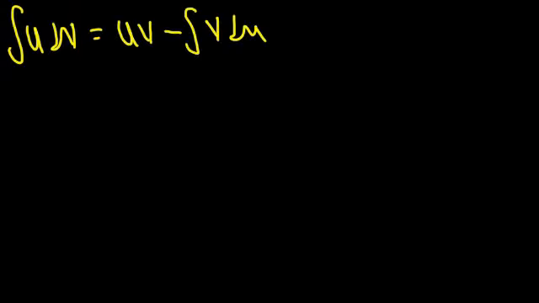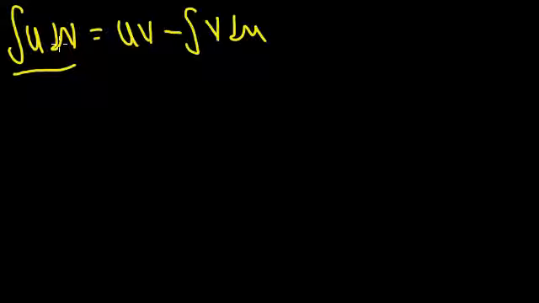It tells us that when you are to integrate two functions that are multiplying each other, and you realize that u-substitution cannot be applicable in this case, then you should know that those functions are simply of this form. That is, one of them is an actual function and the other one is a derivative function.